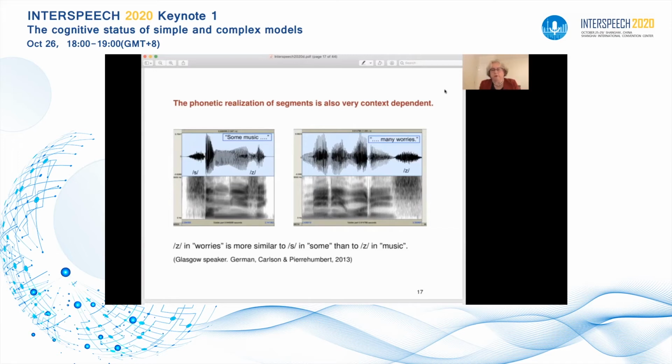The Z in music is far more voiced. And as a little illustration of language dependence, you'll also notice that the R in worries is produced as a tap, and not at all like the American R.